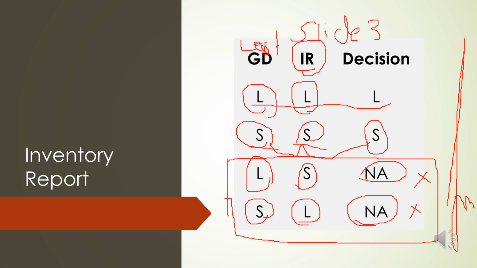But if both are saying long, and the inventory report also says long, then you have a statistical edge, you have more chance to be right than wrong. So the preference is, if your general direction and inventory report direction are aligning together, go with the decision. Other times you can enter the market, but the market will be highly volatile, and you never know what's going to happen.